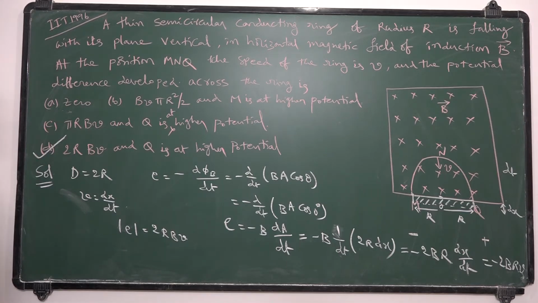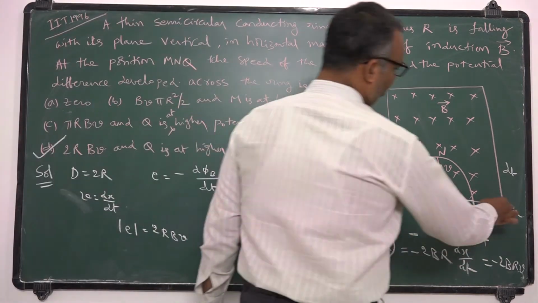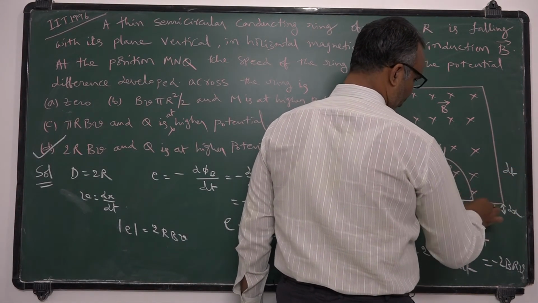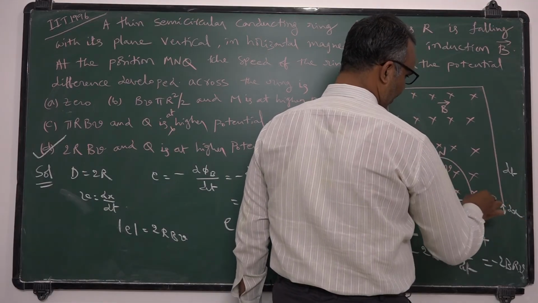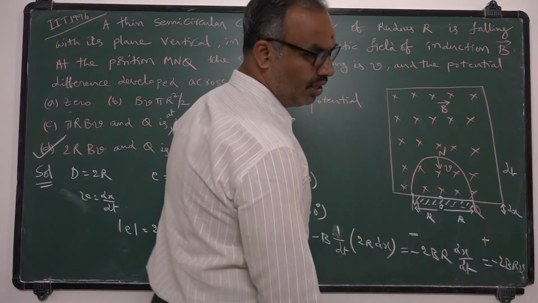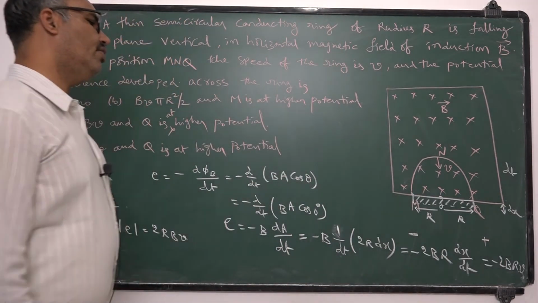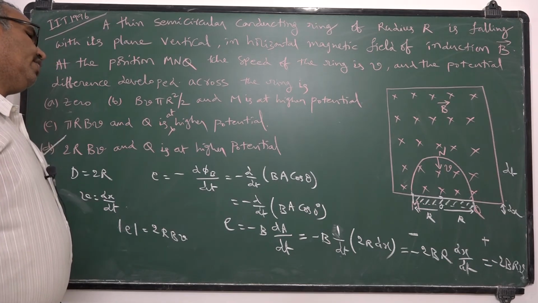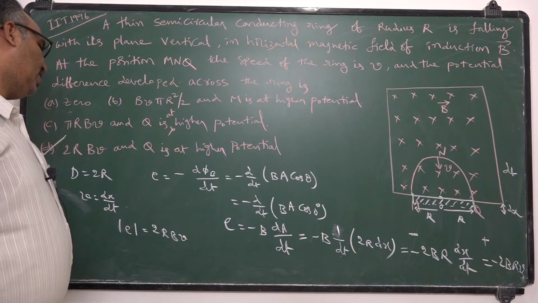Once again I am saying, in dt time the loop comes through a distance dx here. The change in area observed is nothing but the area of the rectangle. Area of the rectangle is nothing but 2r into dx. So dA is replaced with 2r into dx by dt. dx by dt is velocity.